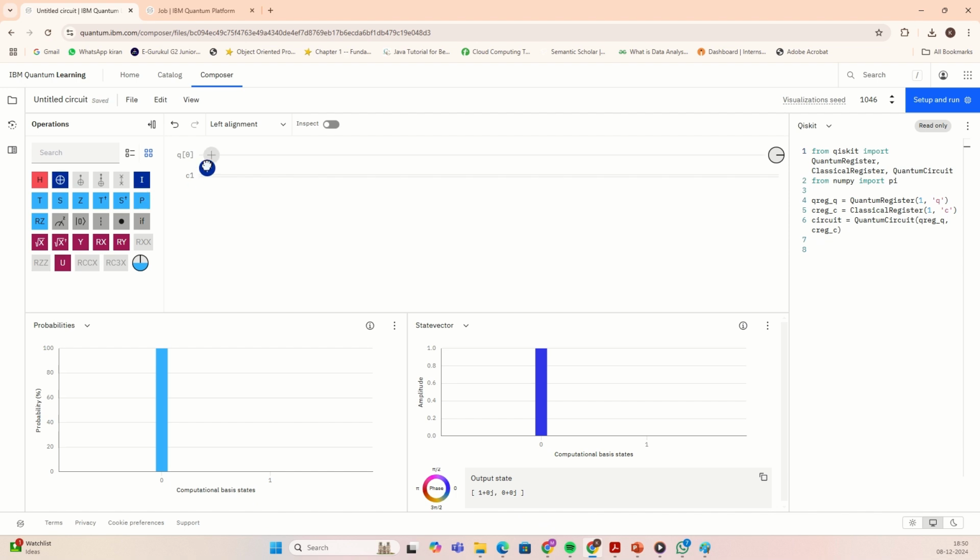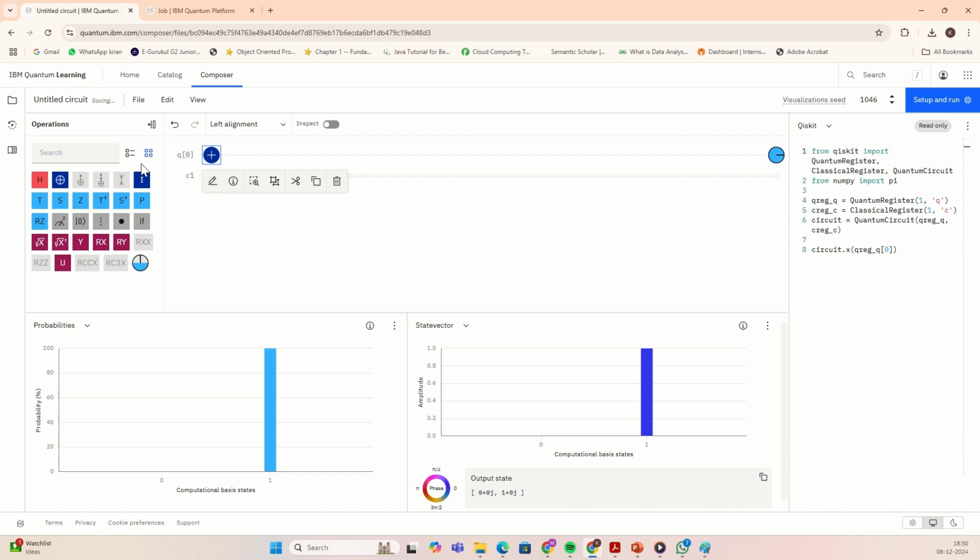So firstly I will convert this |0> into |1>. So the output to this is |1>. Now I am going to apply the S gate on |1>. What I am getting is the output as 0 plus 0j and 0 plus 1j. That means i|1>.